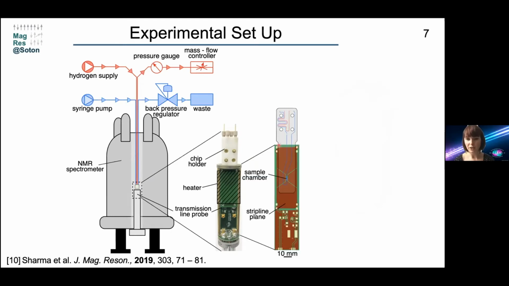Lastly, our chips are positioned in the stripline plane in this region, which I highlighted here. That's where the stripline plane concentrates the RF field, and that's where we observe all of our substrate and products.